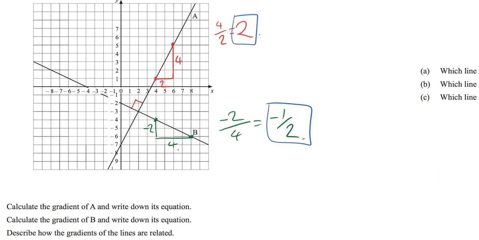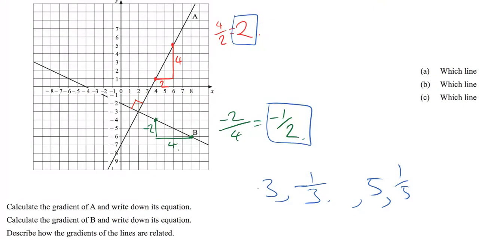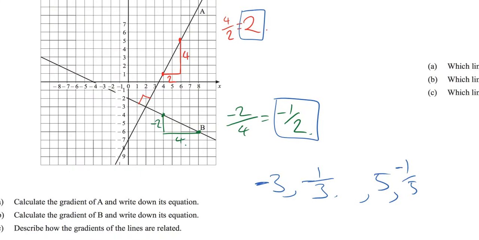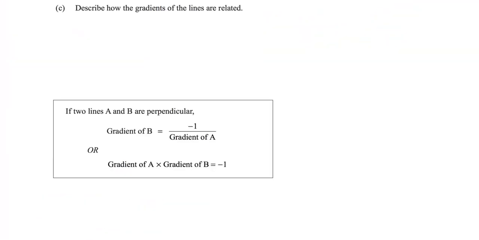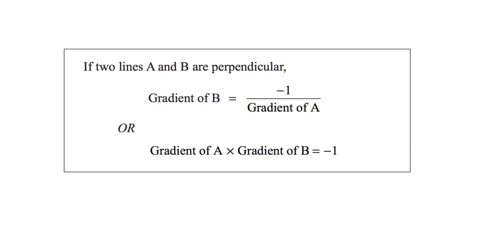Okay, and if we don't know about reciprocals, 3 and a third are reciprocal, 5 and a fifth are reciprocal. The only difference here is if they're going to be perpendicular, one of these numbers must be negative. Okay, there is a link between them. So that can be summarized as the following.